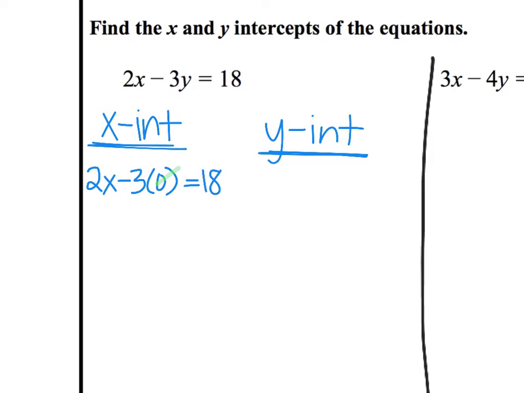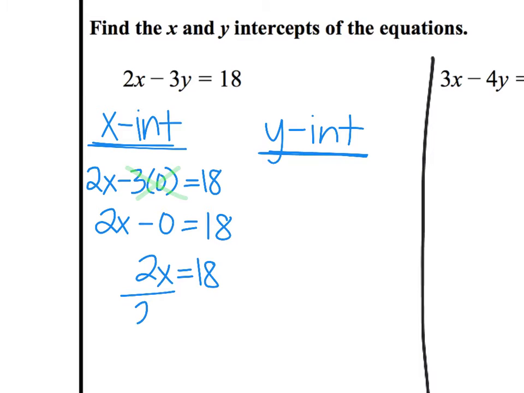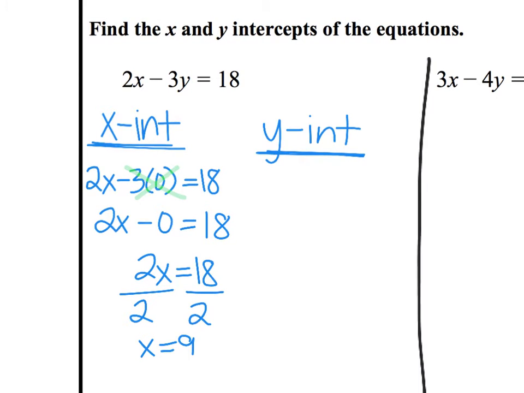So basically we're going to end up getting to cross this out. But we're going to go ahead and write it down. So 2x minus 0 equals 18. Do I really need to write that minus 0? No. That is pretty unnecessary. So 2x equals 18. Guys, how do I get rid of that multiplication? Divide. You get x is equal to 9, but you need to write your answer as a point.